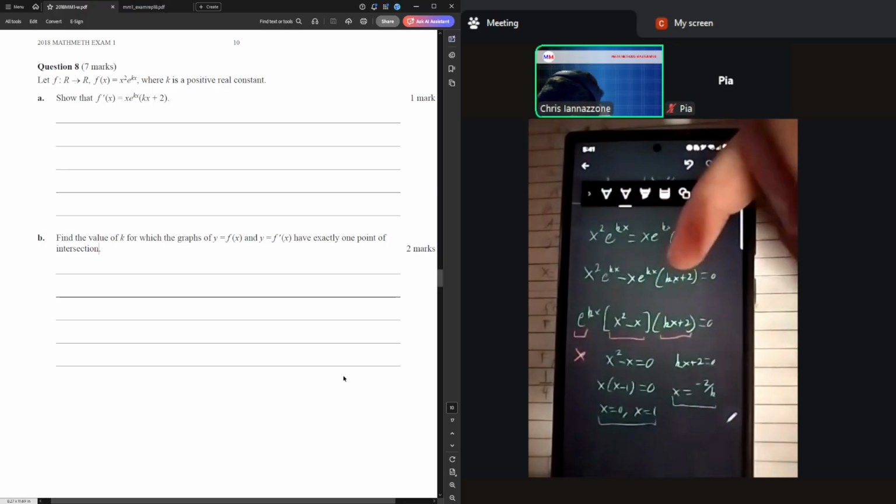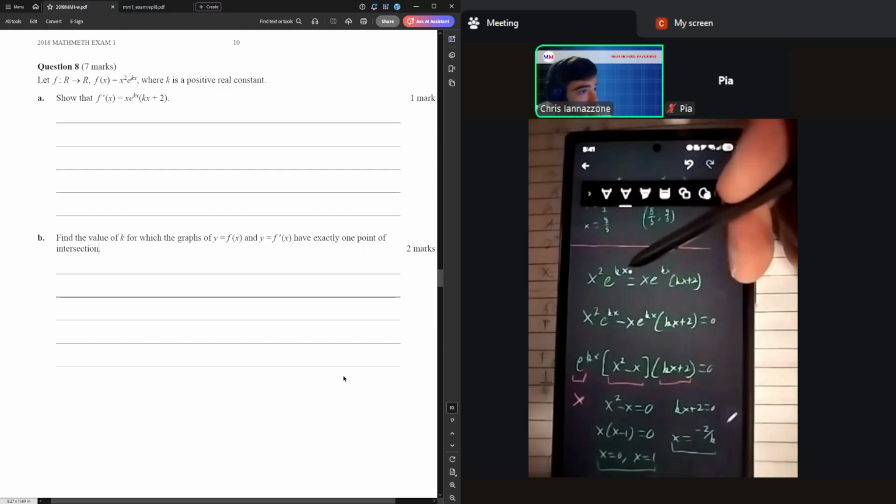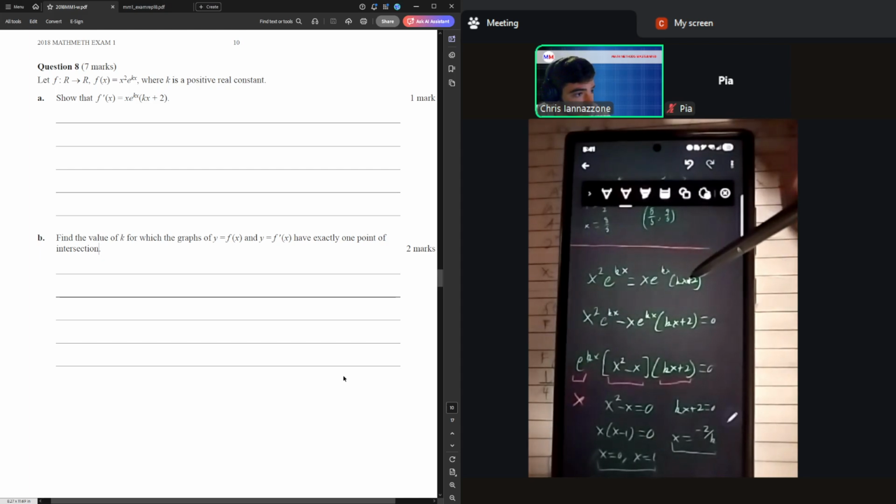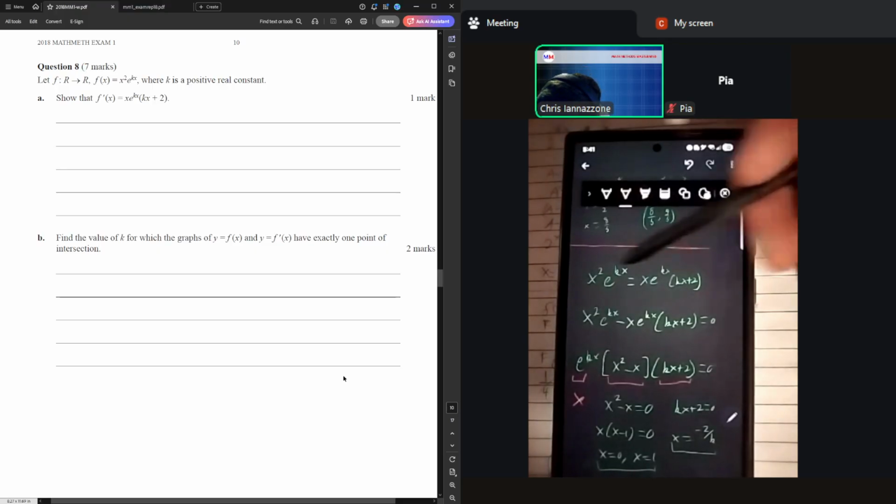What's happened then? x squared e to the kx is definitely f. f dash is definitely x e to the kx bracket kx plus 2. Getting them onto the same side. Yeah. And then chucking a minus on that one equals 0.